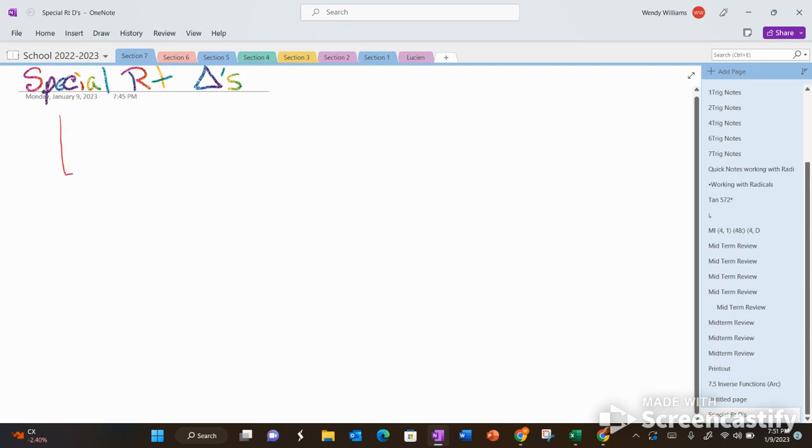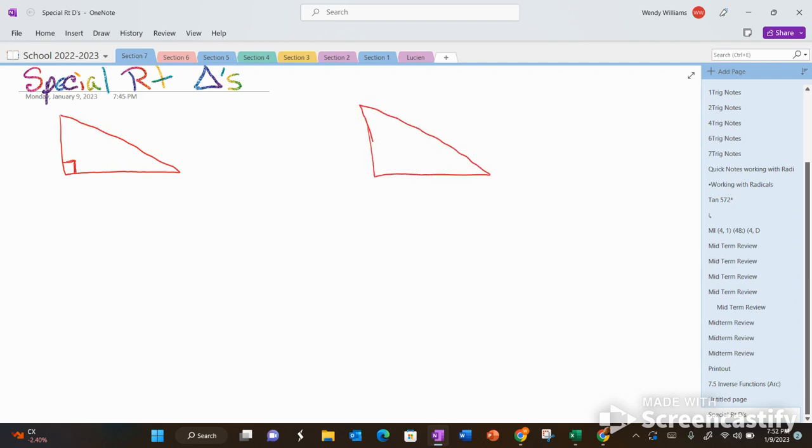So basically, we have two sets of special right triangles. One is a 30, 60, 90-degree triangle. 30 plus 60 equals 90, so we know that this adds up to 180.